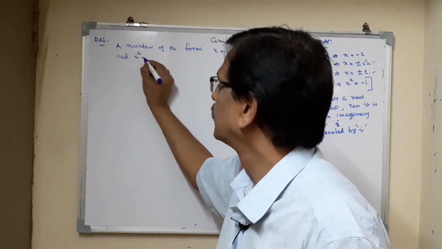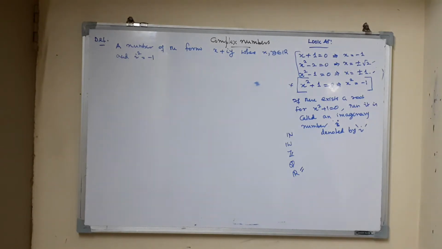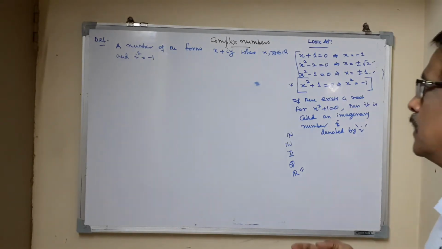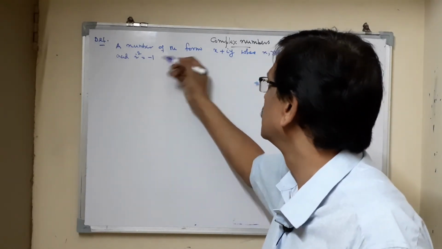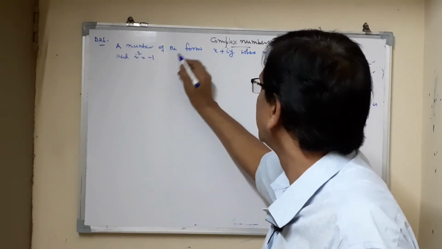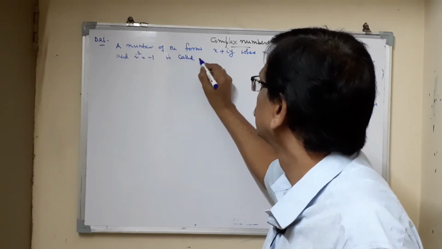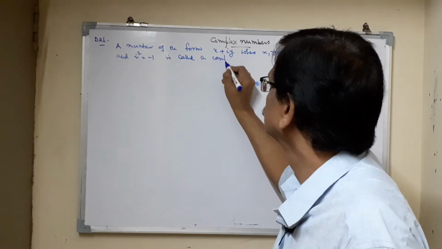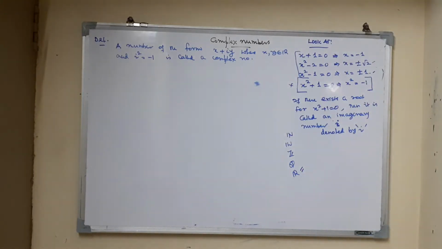Now i square equal to minus 1 means i is some number whose square is minus 1, which we are defining. A number of the form x plus iy, where x and y are real numbers and i square equal to minus 1, is called a complex number.